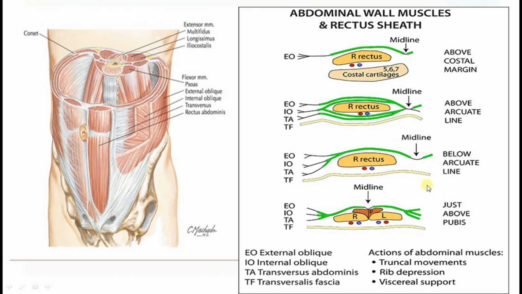There is no difference between this level and this level. Only one muscle you can see extra, that is the pyramidalis muscle. Apart from the rectus abdominis, you see a pyramidalis muscle at this level below the arcuate line. So only for that reason this 4th section has been given. Apart from that, the composition is the same in the last 2 sections.